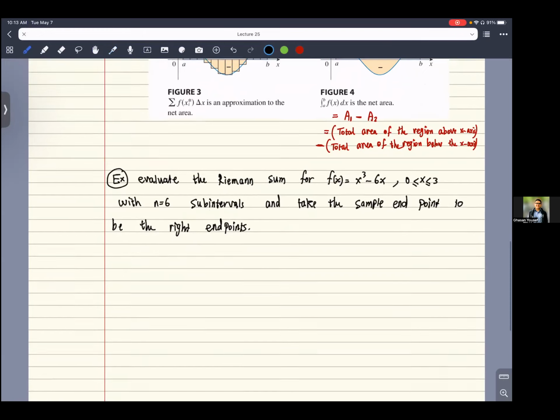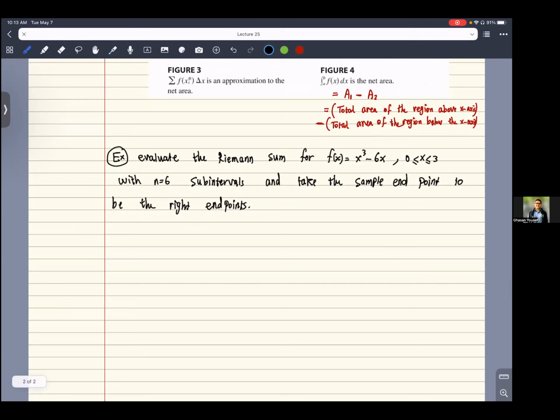So first of all, what are they asking about? R of 6. Why did I say R here? Because it's the right endpoint, so I use R. For the left endpoint, I use L. So with the right endpoint, R6 equals the sum of the function f of xi star delta x, from i equals 1 to 6.